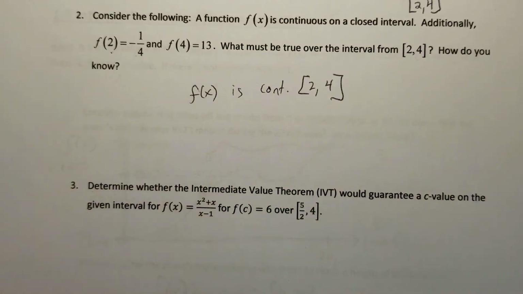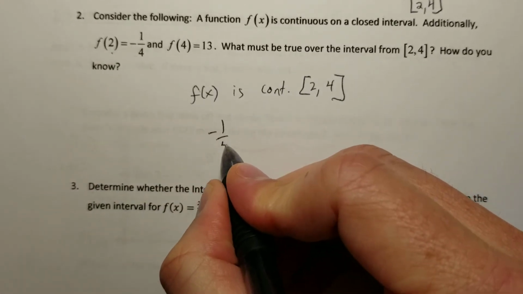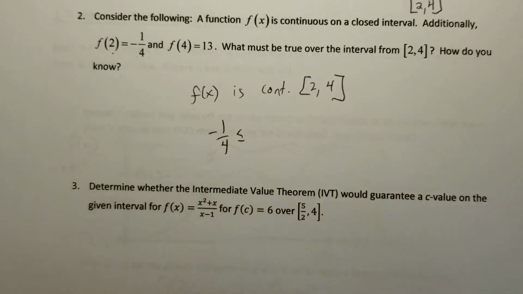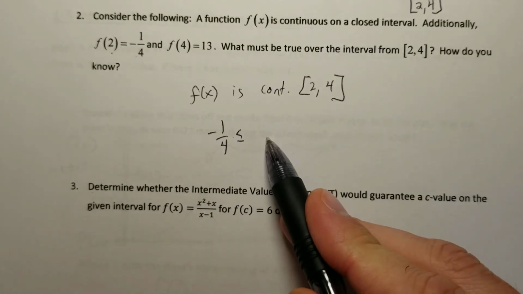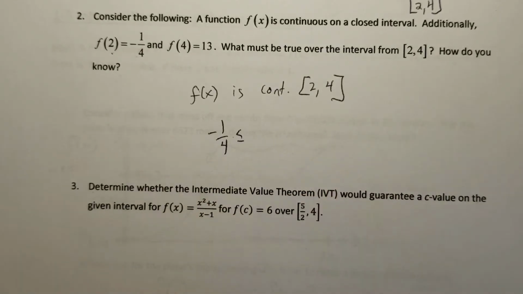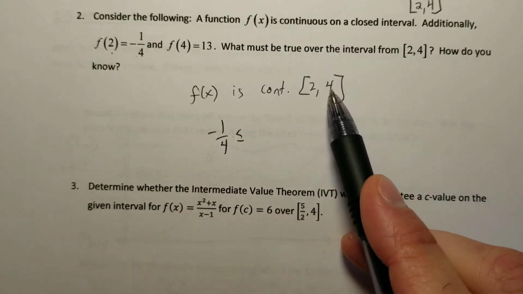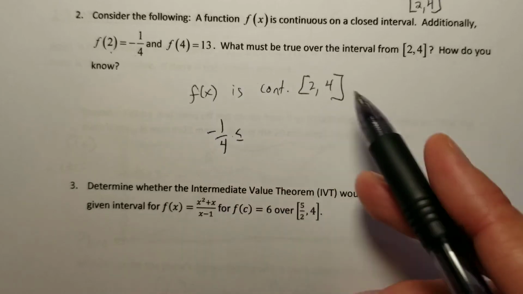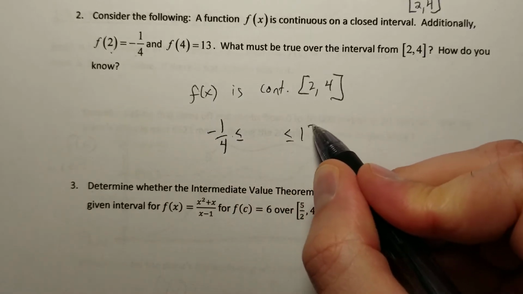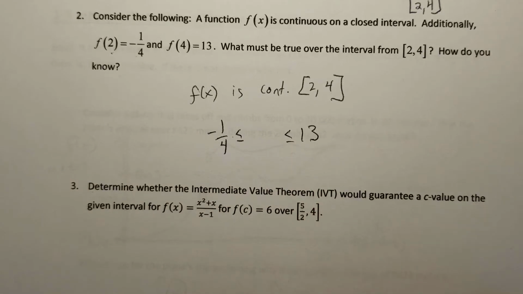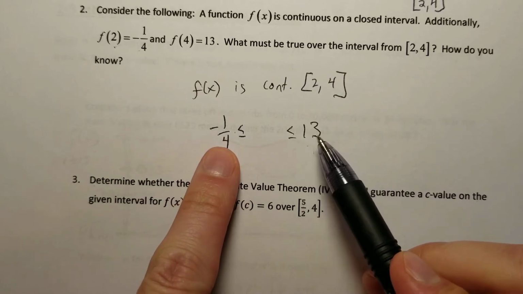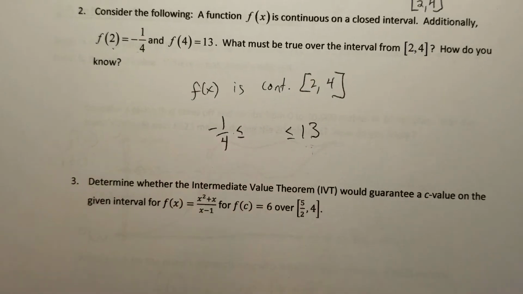That's the initial part of our interval. So from negative 1/4, it's going to be less than or equal to something, right? We don't know maybe what that is yet or what that represents. The input of 4 is our ending input, right? It gives us an output of 13.